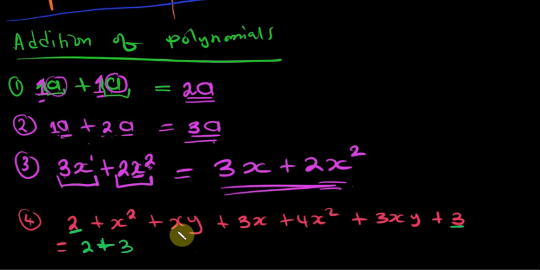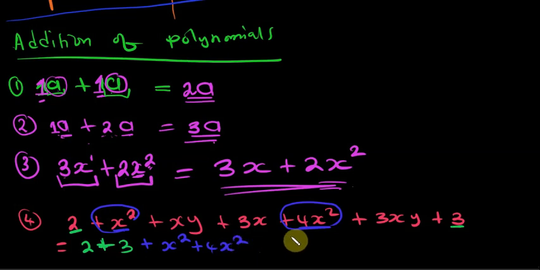Let's look for other like terms. We have x squared. Do we have another x squared here? Oh, we have 4x squared. There we go. So we group these ones too. Positive x squared, write it down with its sign in front of it, and we bring down positive 4x squared. Is there any other x squared term? Nope. Okay, let's move on to the next term. What is the next term? xy.